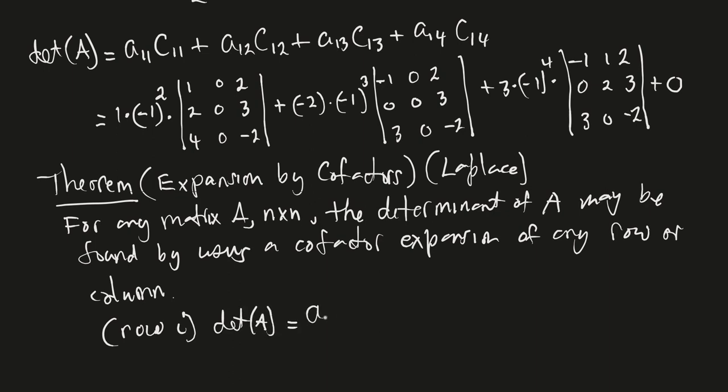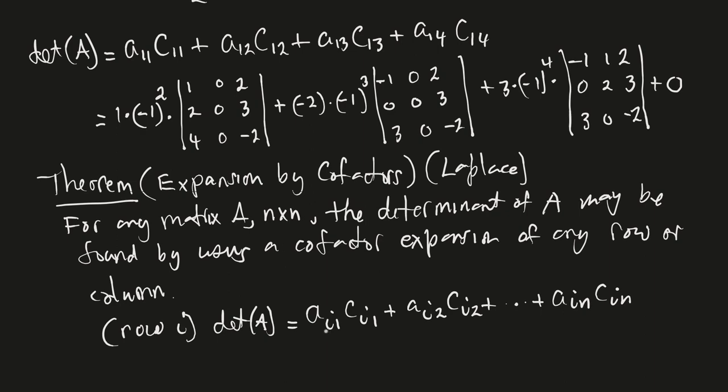It would be a_i1 C_i1 plus a_i2 C_i2, and then plus ... You continue until you get to the last entry in that row, which would be a_in C_in.